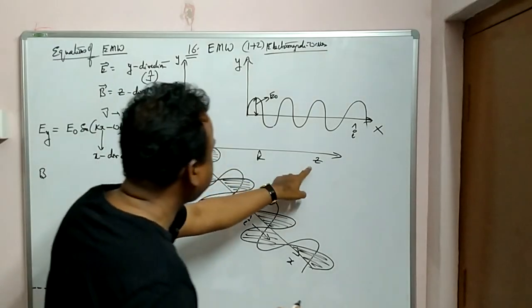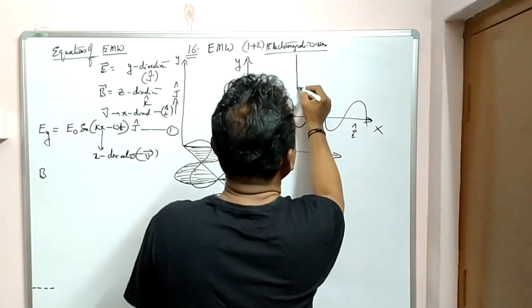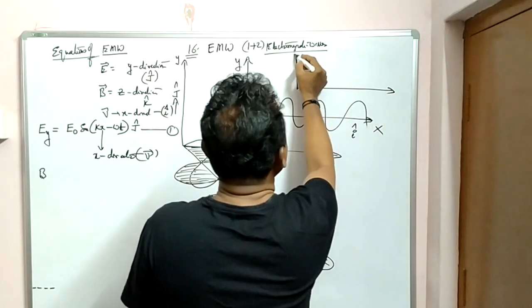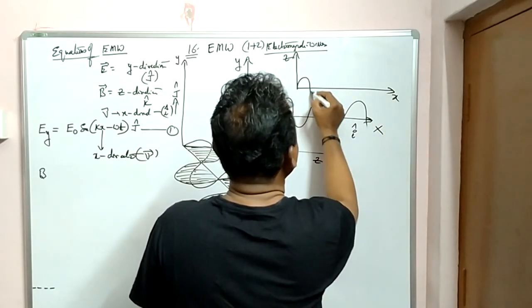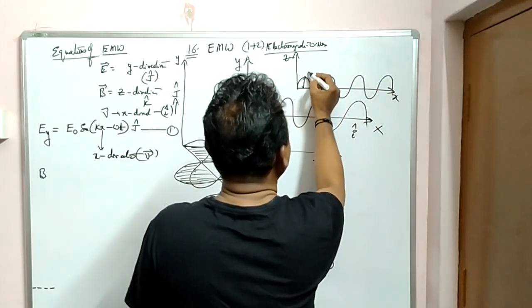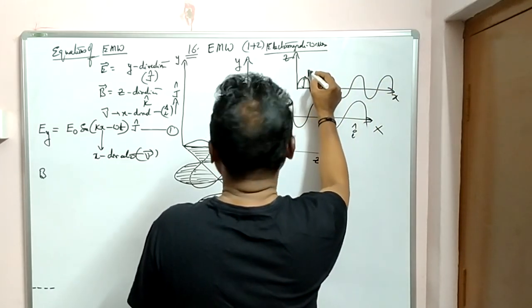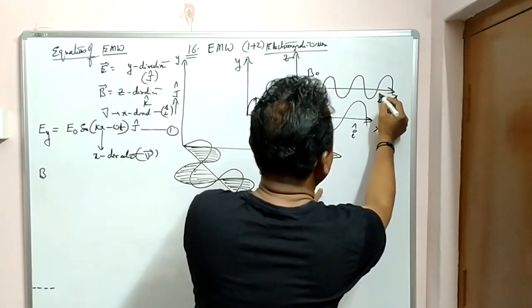The magnetic field, you can see, is in which direction? Z direction. This is the maximum amplitude of the magnetic field, that is B0, and this is the displacement of the wave in x direction.